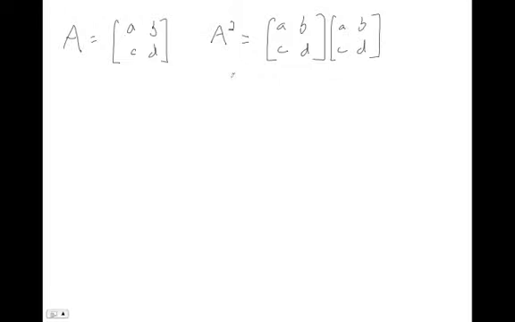But the one thing that maybe isn't completely obvious until you write it out like this and start doing the multiplication is that A squared is not equal to little a squared, little b squared, little c squared, like this. So this might be kind of obvious actually in this case that when I say A squared, what I really mean is I'm multiplying A by A.